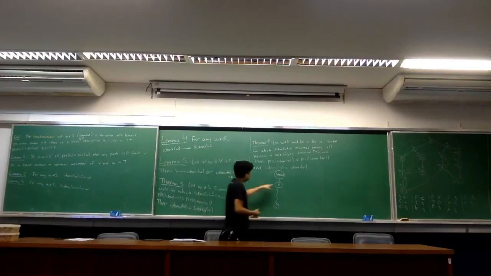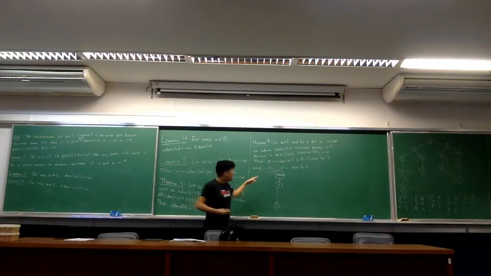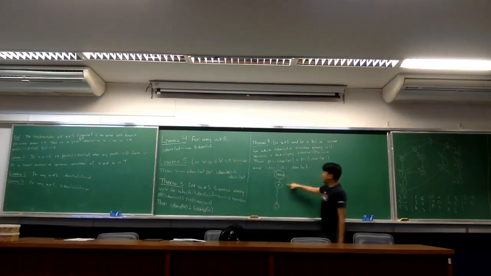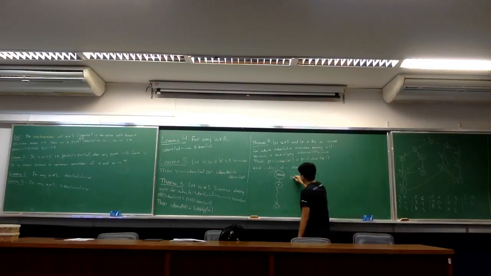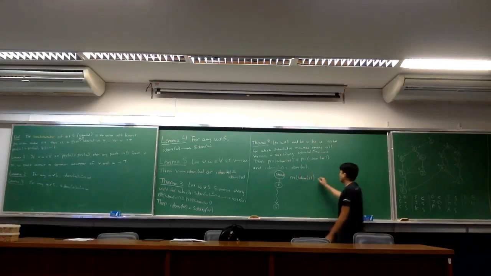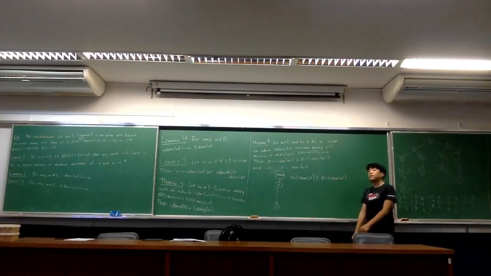But since the parent of this guy is the semi-dominator of W, and the parent of a vertex is always a candidate for a semi-dominator, you know that the pre-order index of the semi-dominator Z must be less than or equal to the pre-order of D, right?